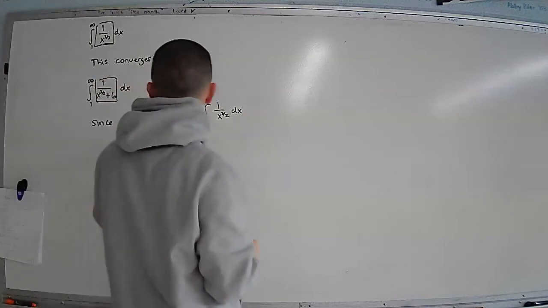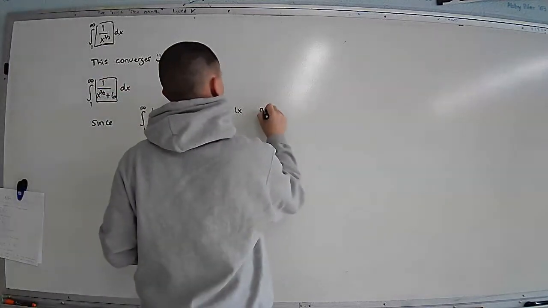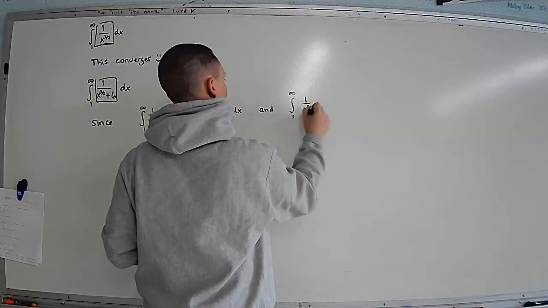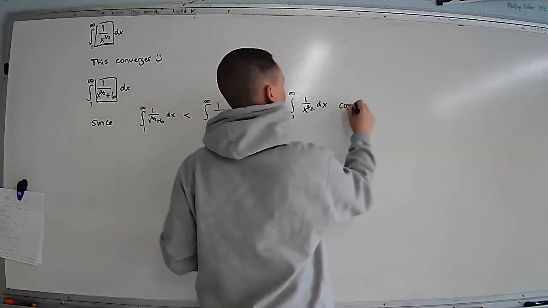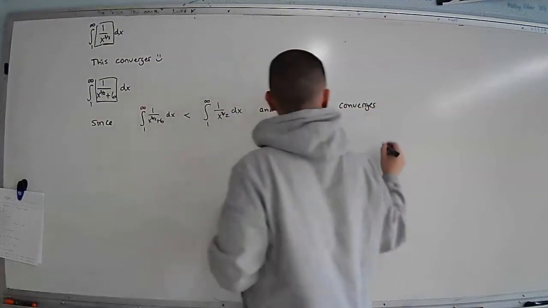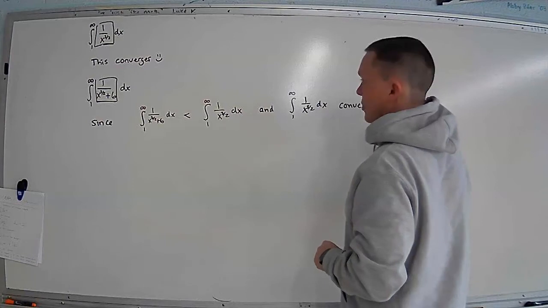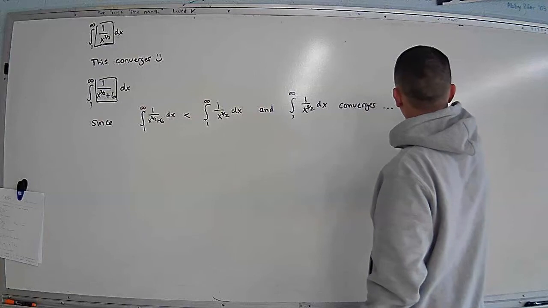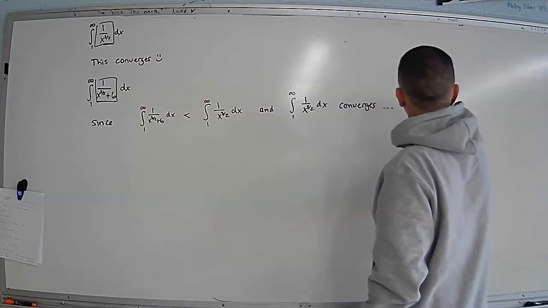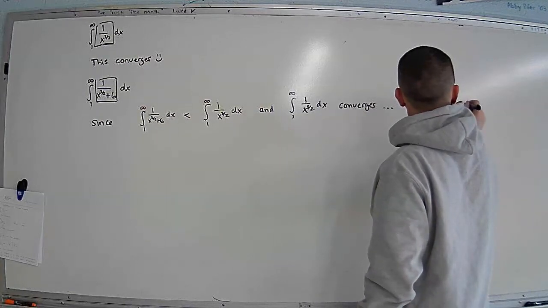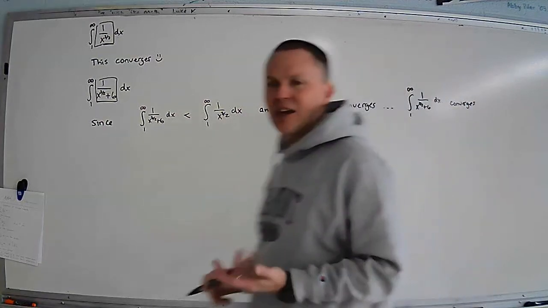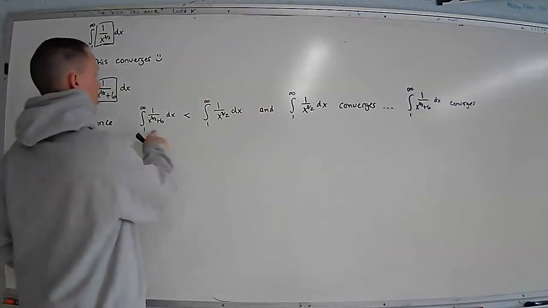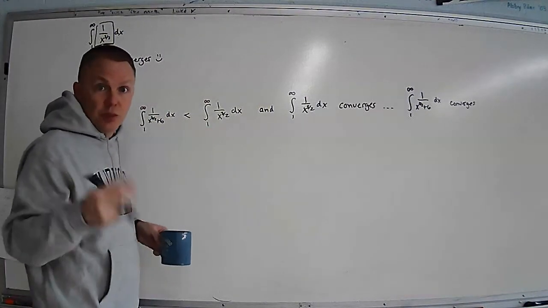Since this one is less than this, and this guy converges, that means this guy converges. And we call this the comparison test. If I can show that this function's less than one that I know converges, it's pretty easy to do.